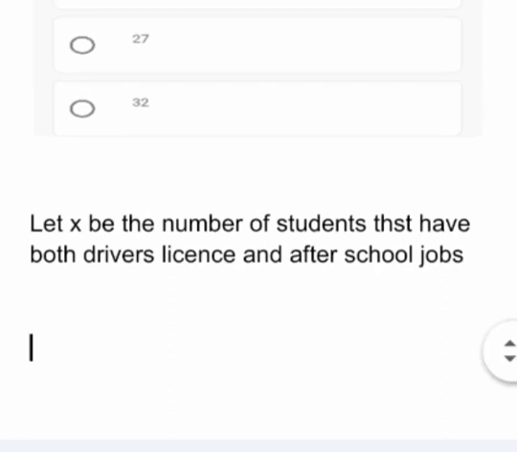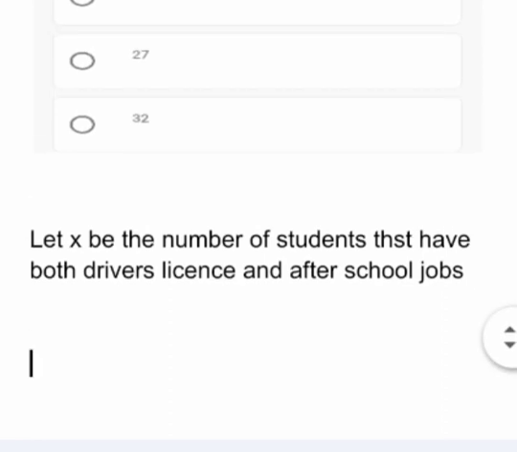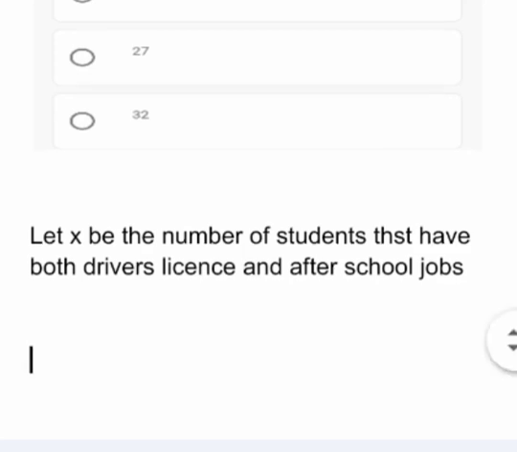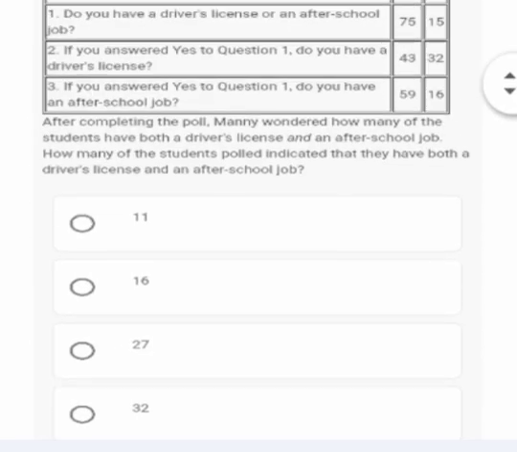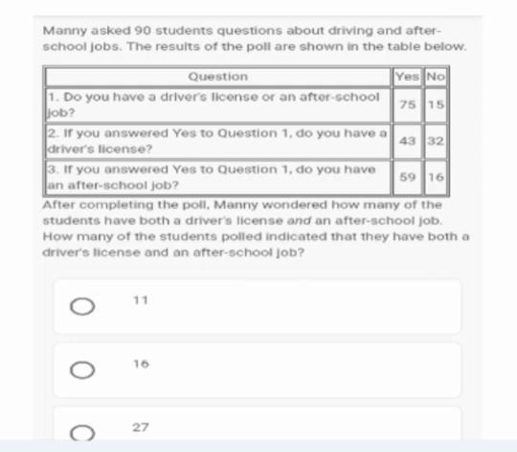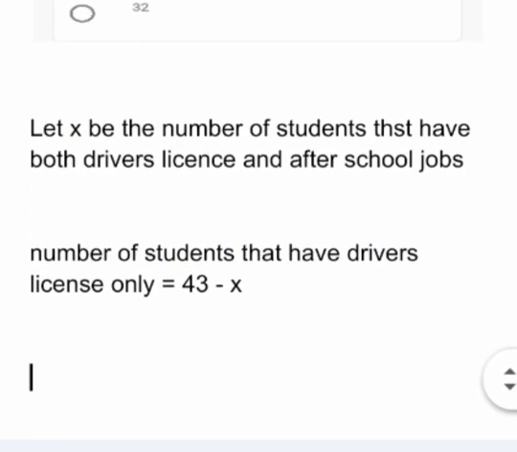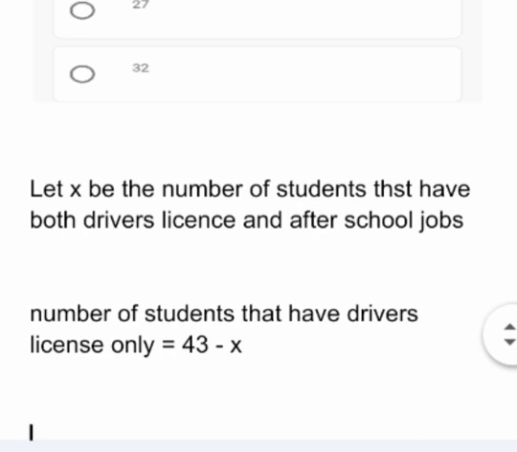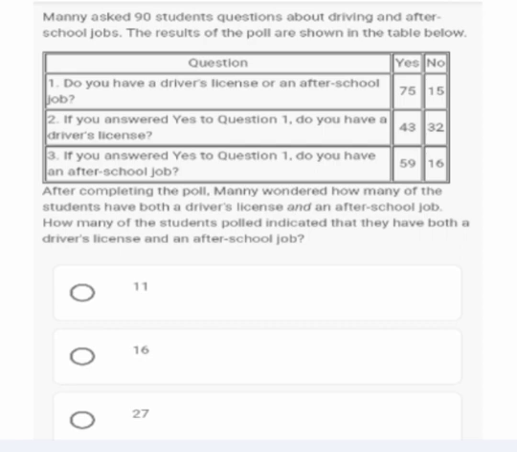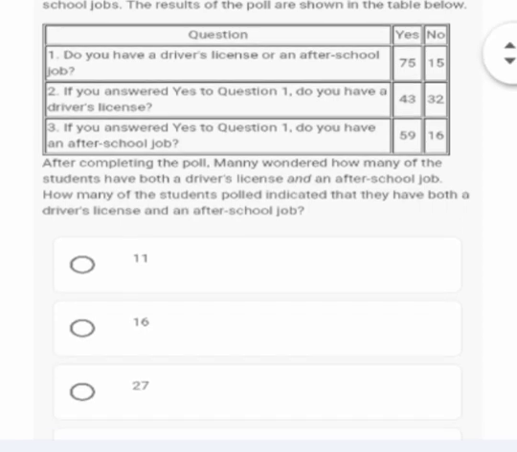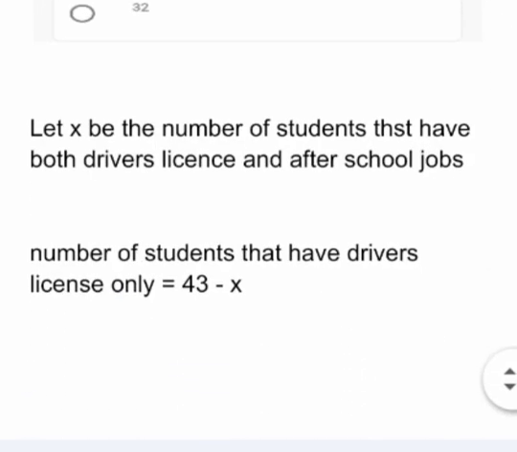Let S be the number of students that have both a driver's license and an after school job. In that case, 43 minus S students have a driver's license only, because 43 students have a driver's license and S of them have both.